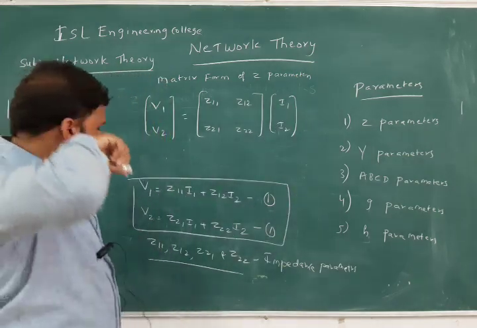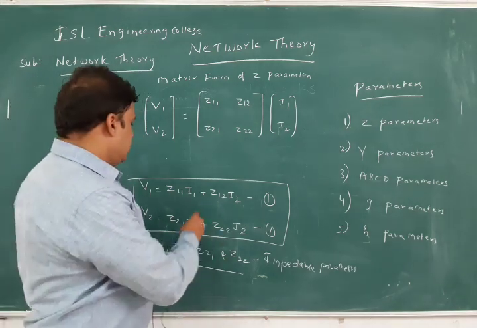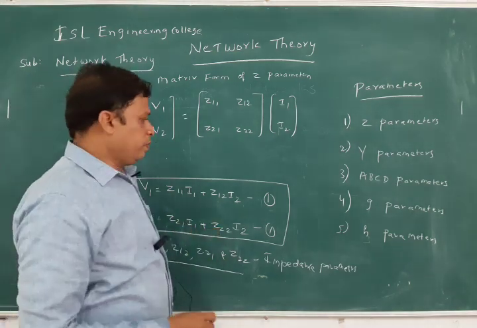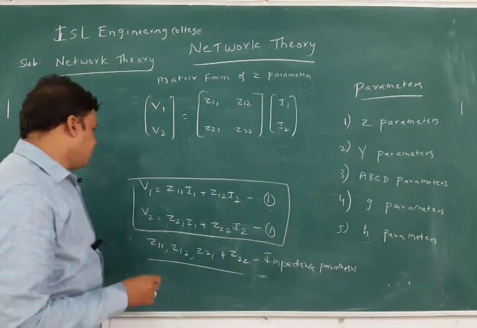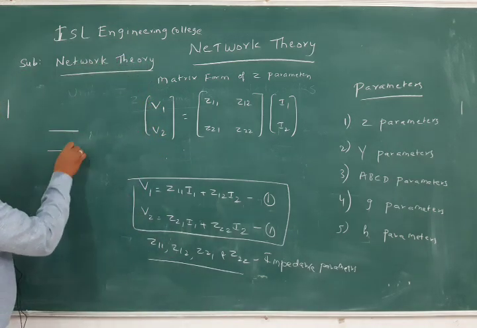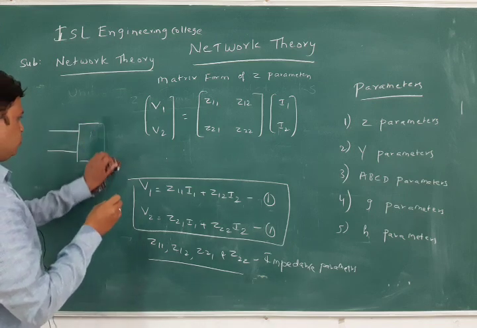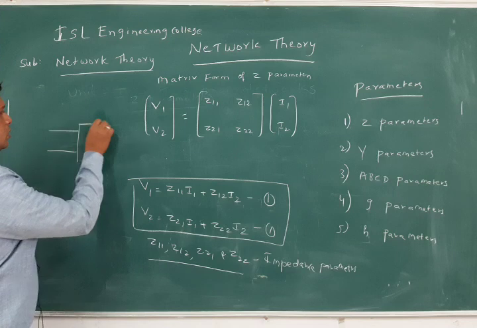Now, the question is, how do you find out this Z11, Z12, Z21 and Z22? Now, if you assume this is a circuit here, this is also a rectangular black box, we can call it a black box.